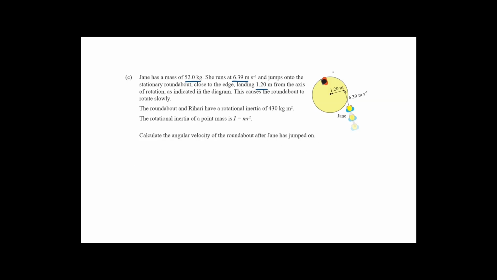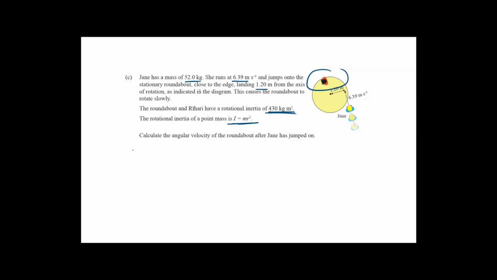The roundabout and Rahari, who's this person here, are already on there, and it already has 430 kilogram meters squared rotational inertia. So, looking at Jane here, we need to work out how much angular momentum she puts into this roundabout and how much it's going to spin as a result.